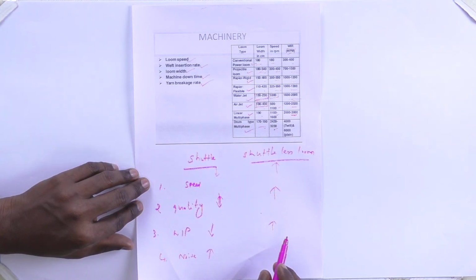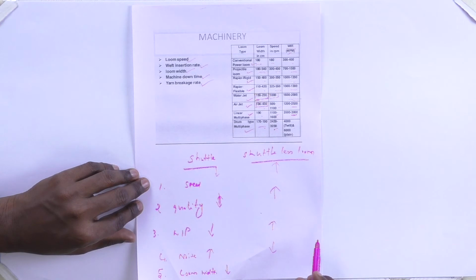produced in shuttle loom: a number of parts are used to carry the weft and support it, so more noise is produced in shuttle loom. In shuttleless loom, rapier and projectile are small elements and water jet does not require any mechanical parts, so the noise produced in shuttleless loom is very less. The force required to carry the high weight of the shuttle in shuttle loom, the weight of the shuttle is around 450 to 500 grams.